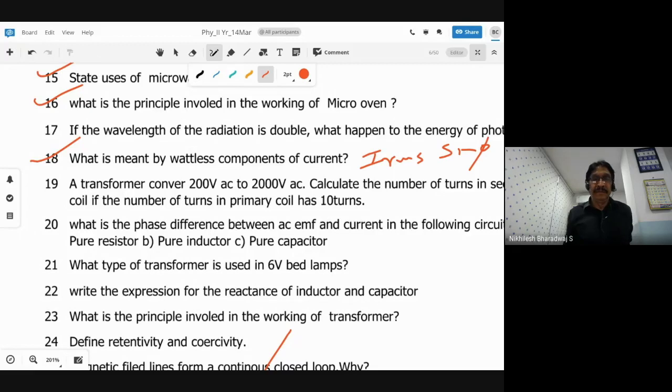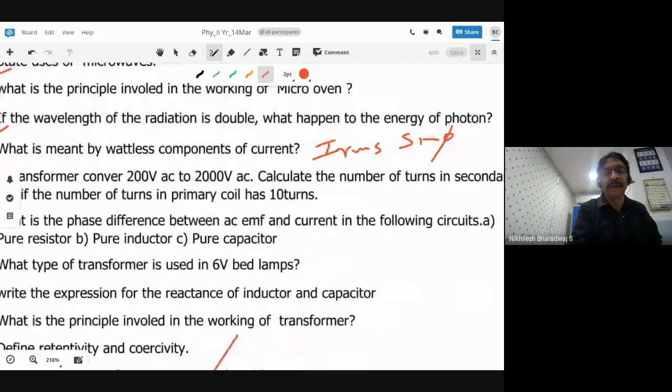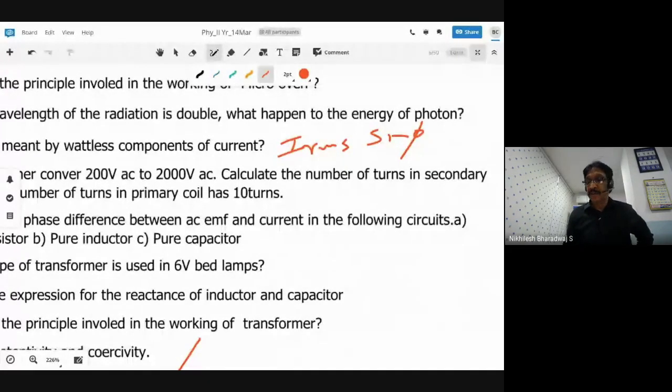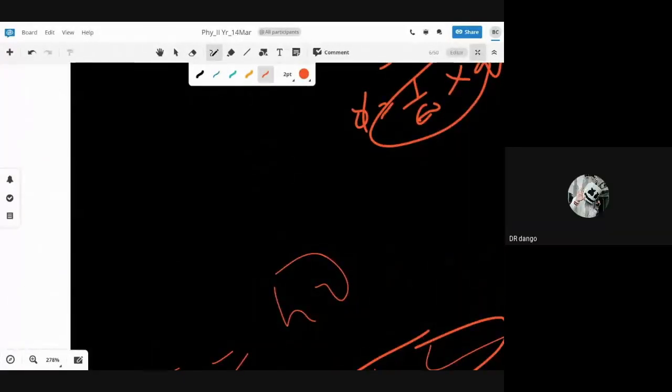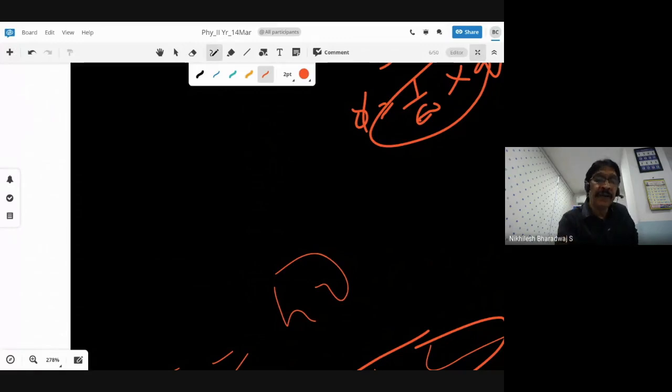A transformer converts 200 volt AC to 2000 volt AC. Calculate the number of turns in the secondary coil if the number of turns in the primary coil is 10 turns. May I know the formula from your side? V1 by N1 equal to V2 by N2. Exactly.